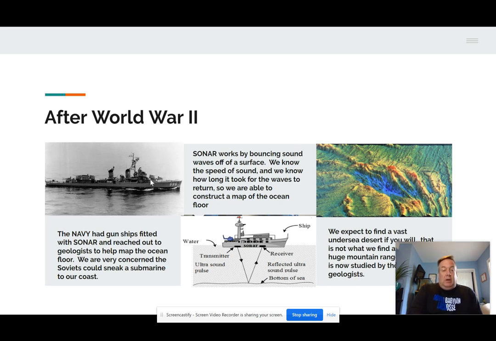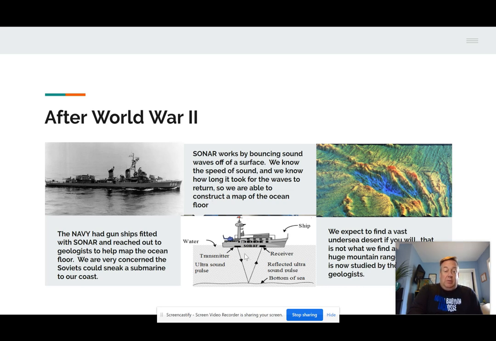If you look at our first slide, you have our ship here, which was a gunship, so you see the guns in the front. Okay, and it had its sonar. And we sent these ships out with scientists so that they could go and map the ocean floor.